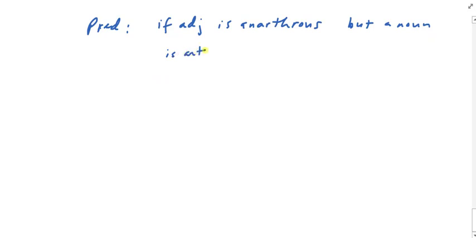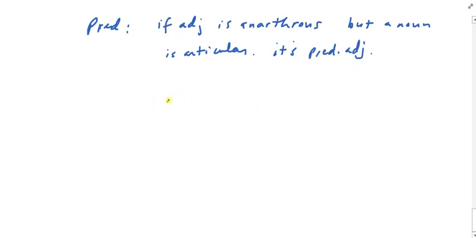Let me make this a little simpler, okay? As a general rule, if the adjective is anarthrous, but a noun is articular, it's the predicate adjective. Okay?